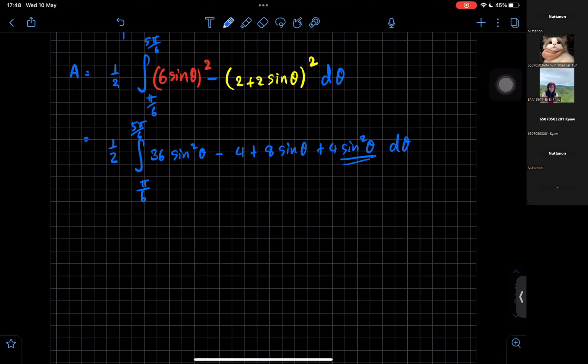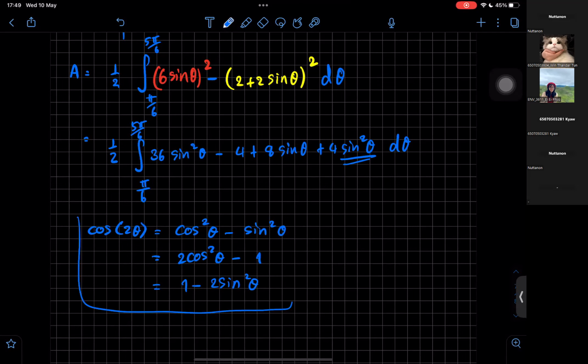When you have sine squared and cos squared, use this property: cos 2 theta equal to cos squared minus sine squared theta, sorry, equal to 2 cos squared minus 1, equal to 1 minus 2 sine squared.